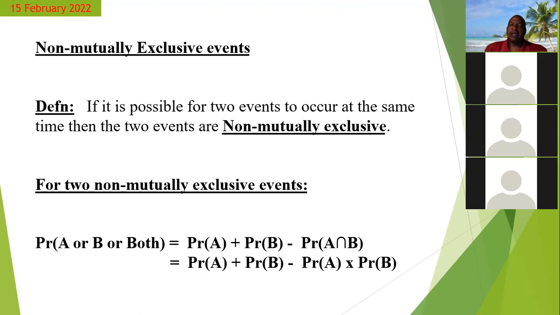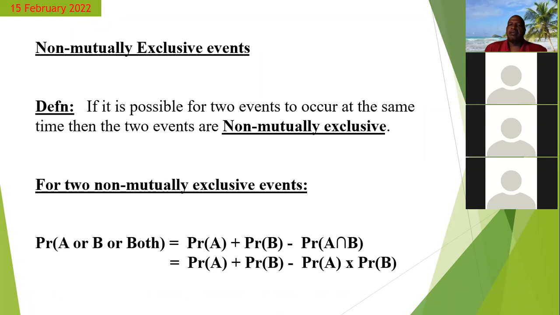Now, in terms of getting a king of spade, you can get either a king, or you can get a spade, or you can get a king of spade. That means the two of them can happen at the same time.